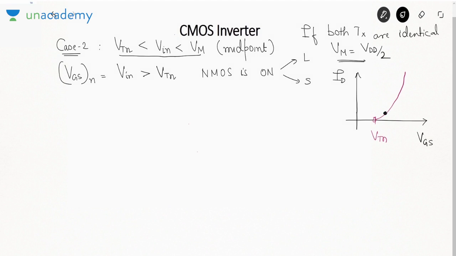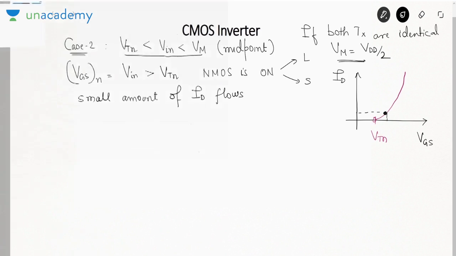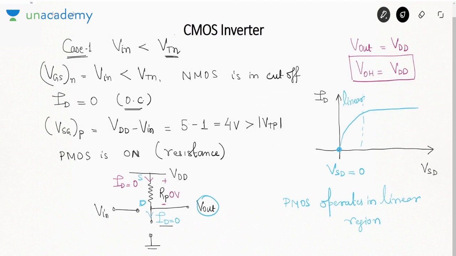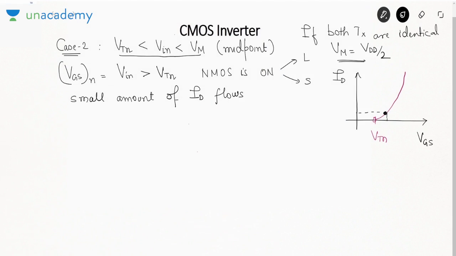If it is somewhere here, what can I say? I can say a small amount of current ID flows. In the previous case, NMOS was off, so ID was 0. But now I am saying a small amount of current ID will flow.